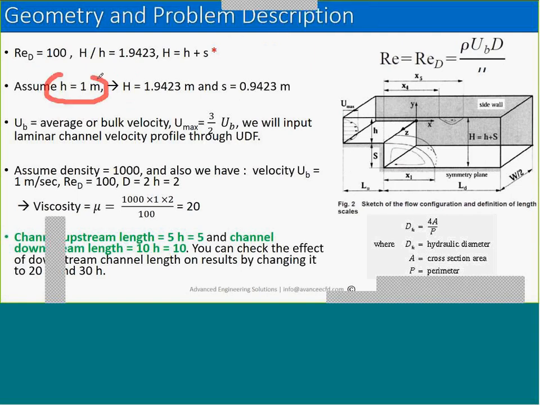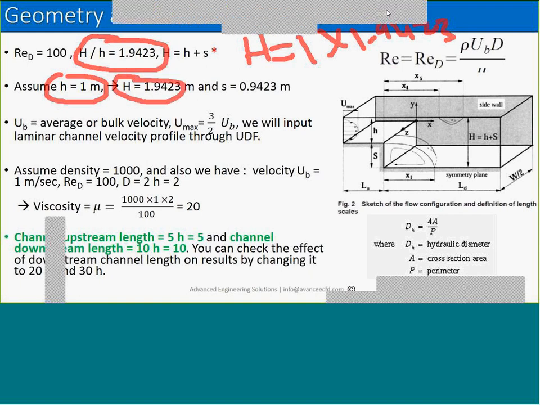So the small h is 1 meter, and from this equation capital H is equal to 1 times 1.9423, which is 1.9423.